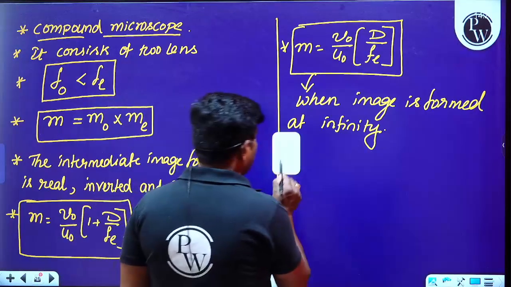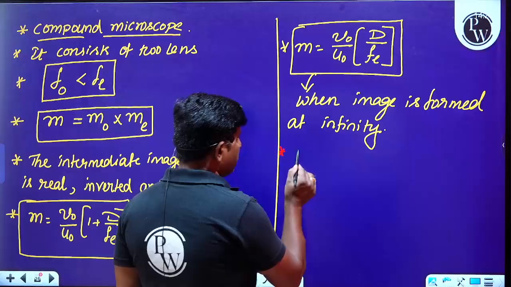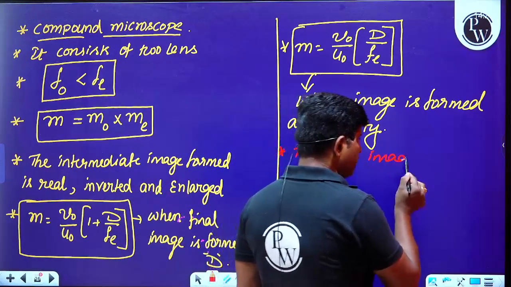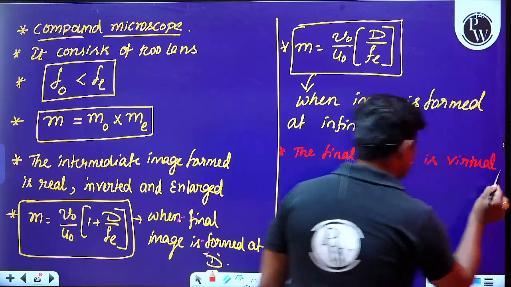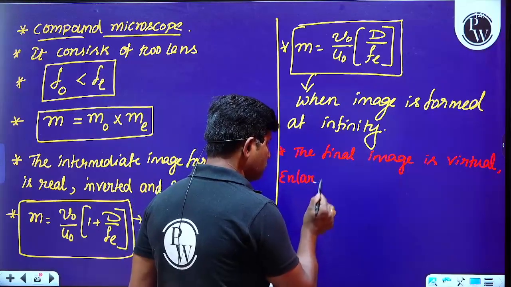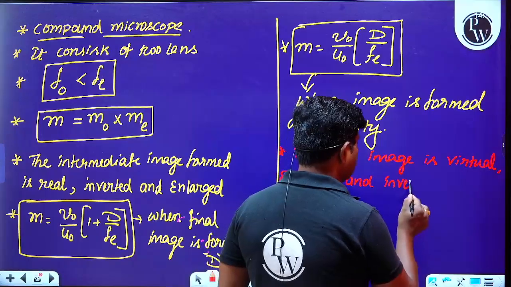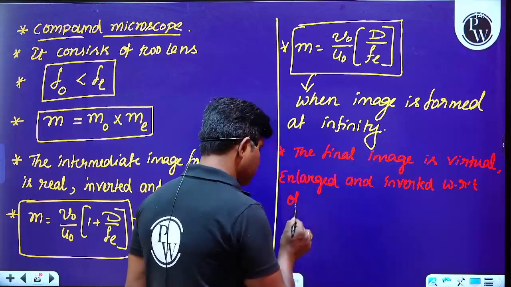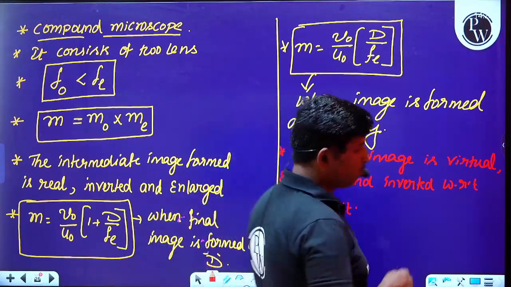Finally, what is the final image? The final image is virtual, enlarged and inverted with respect to the object in the compound microscope.